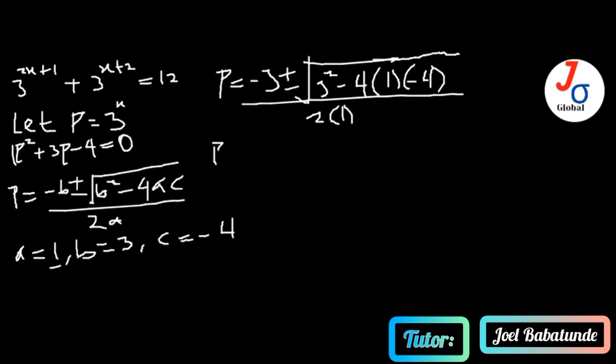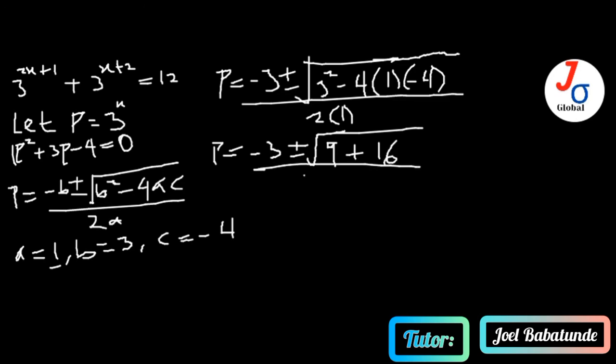And so my p now becomes minus 3 plus or minus square root of 9, minus times minus becomes plus. And so I have 4 times 1 is 4, 4 times 4 is 16. So I have 16 divided by 2 times 1 is 2.